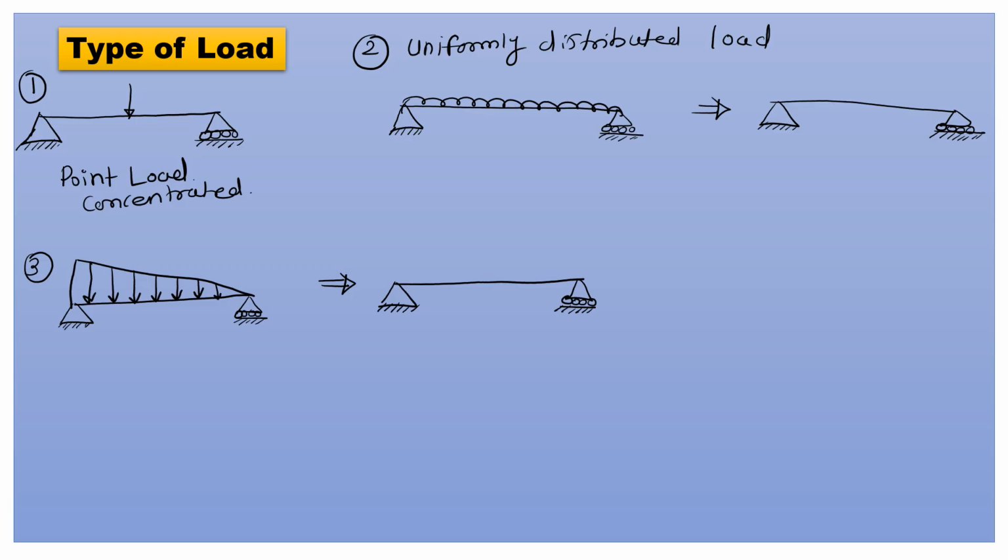This is how it is represented, and it is given in W per meter. The point load is represented in Newton, not in meters or anything else. We take the UDL as W Newton per meter.